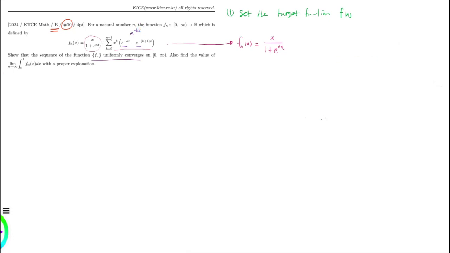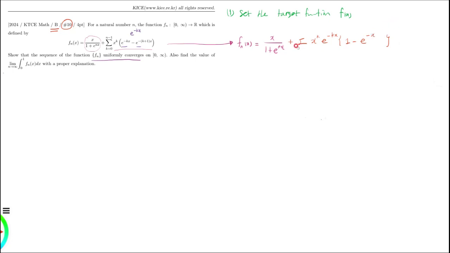So I can rewrite it as e to the minus kx power, and what's left is 1 minus e to the minus x.